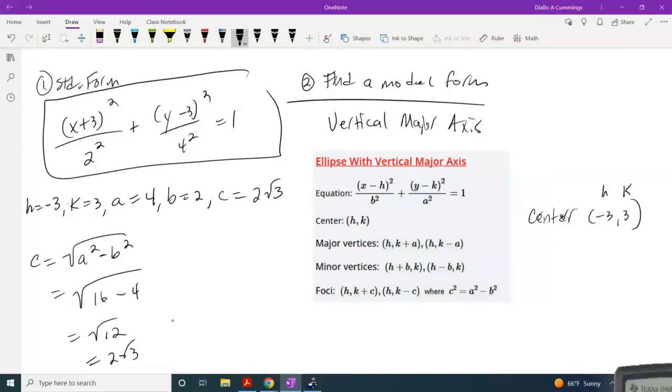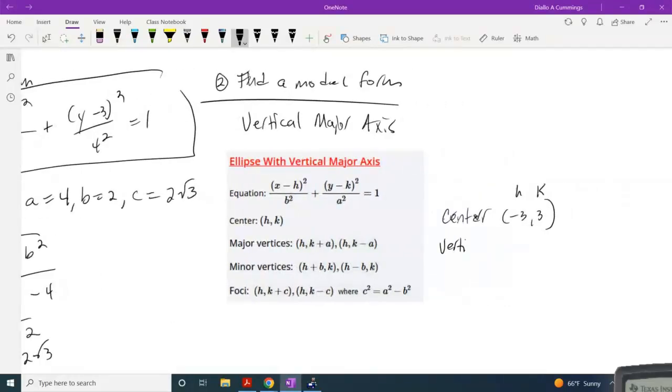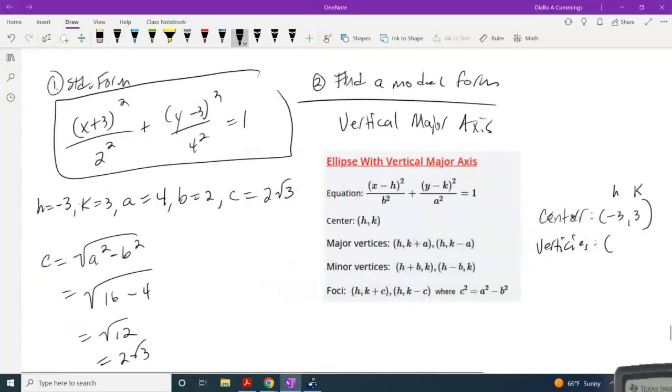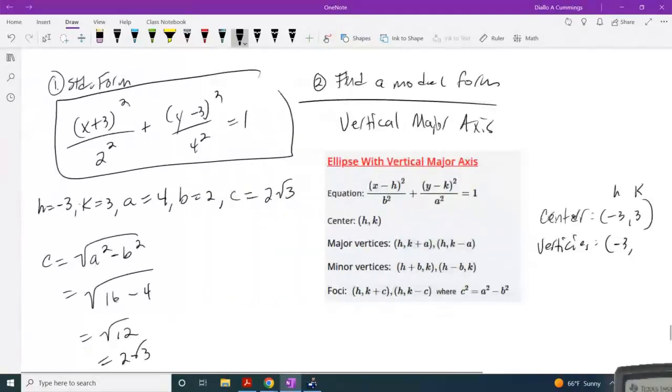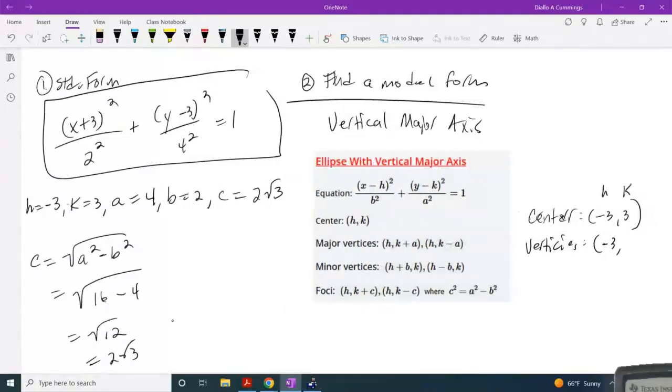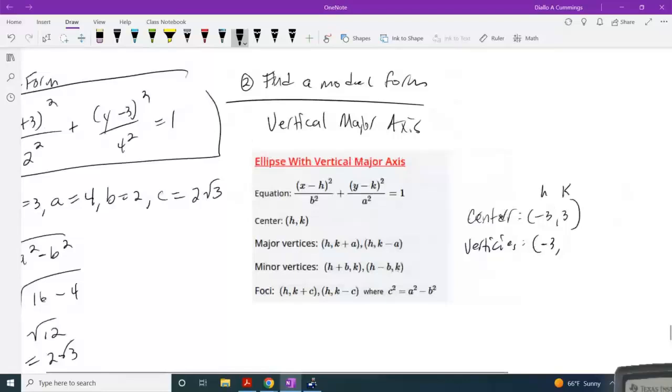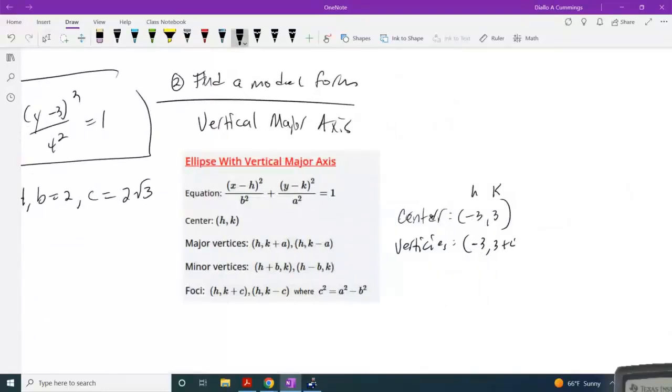All right, so now let's find the major vertices. They take on the form H, comma, K plus A. So H, we found as -3. K is +3. And A is 4. So that's 3 plus 4, comma, H, comma, K minus A. So H is -3.